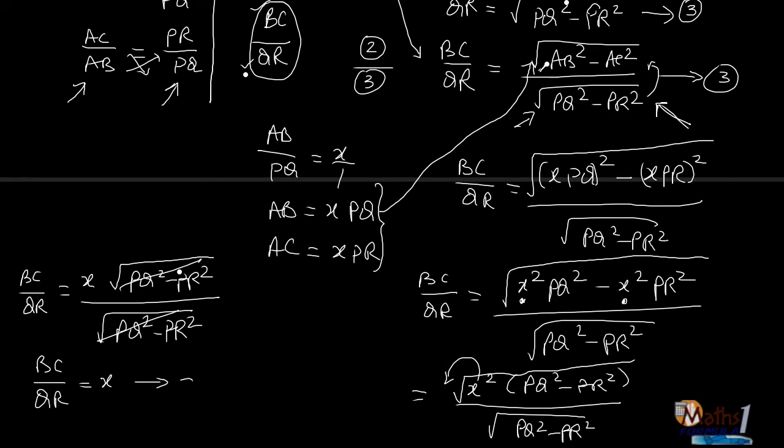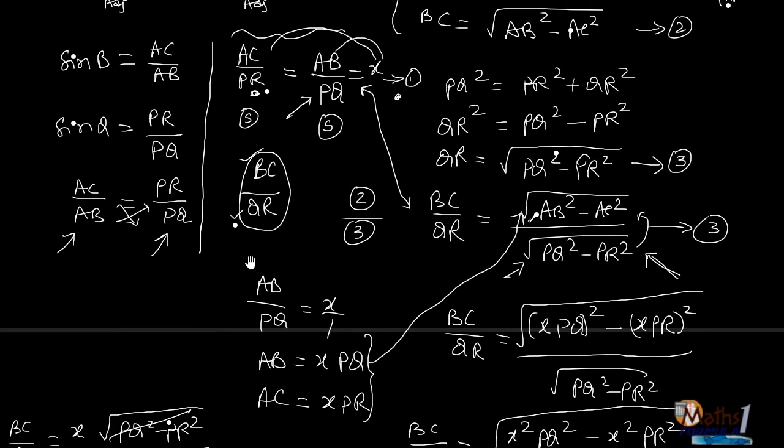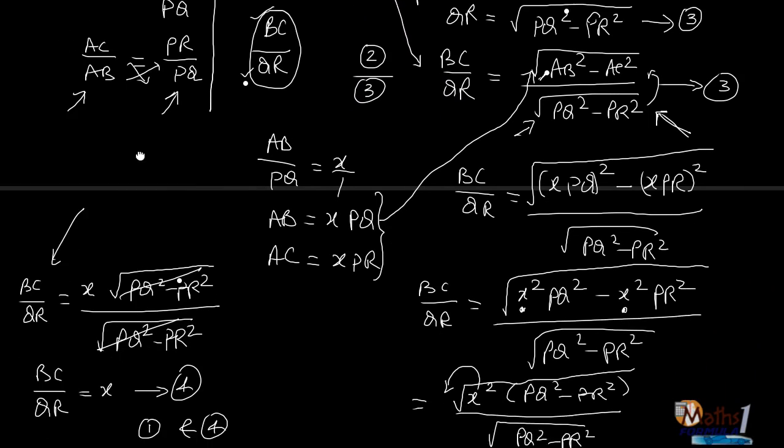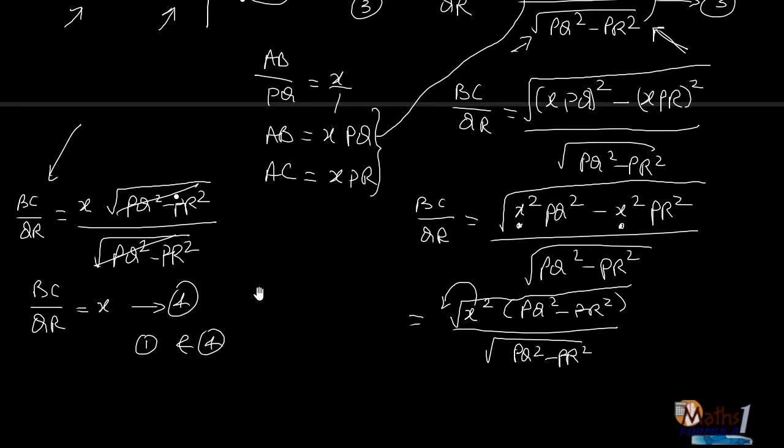If I treat this as 4 by comparing first and 4. What is the first one? Let's go back. The first one is that part, which is equal to X. These two equal BC by QR, which is here. So that shows that AC by PR equals AB by PQ.